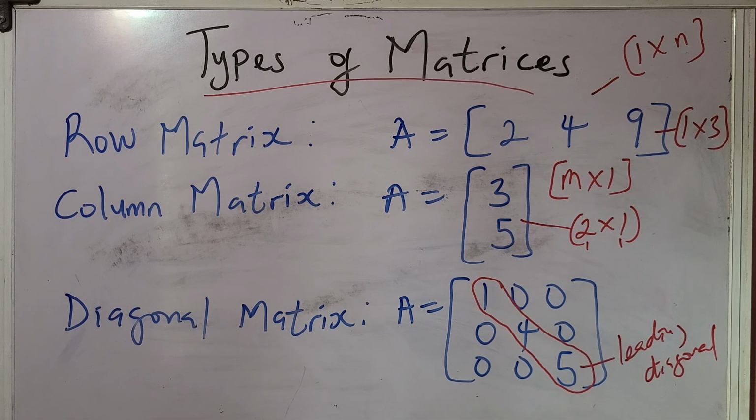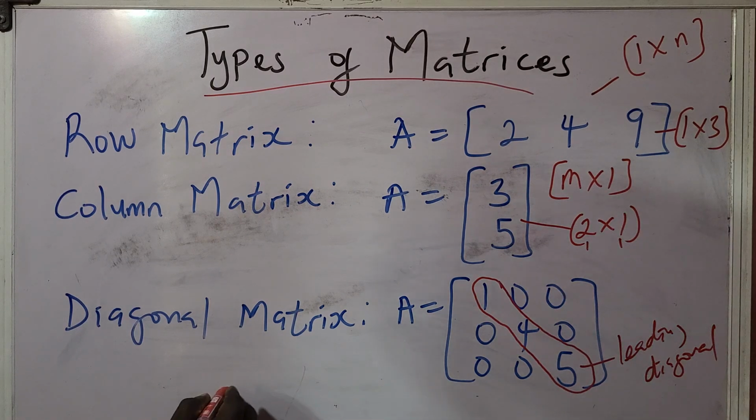The peculiarity of a diagonal matrix is that every other element apart from the leading diagonal is always zero. So only the leading diagonal has non-zero elements. There's a way we write the diagonal matrix. You can define a diagonal matrix by just writing it as diag, and then the entries.